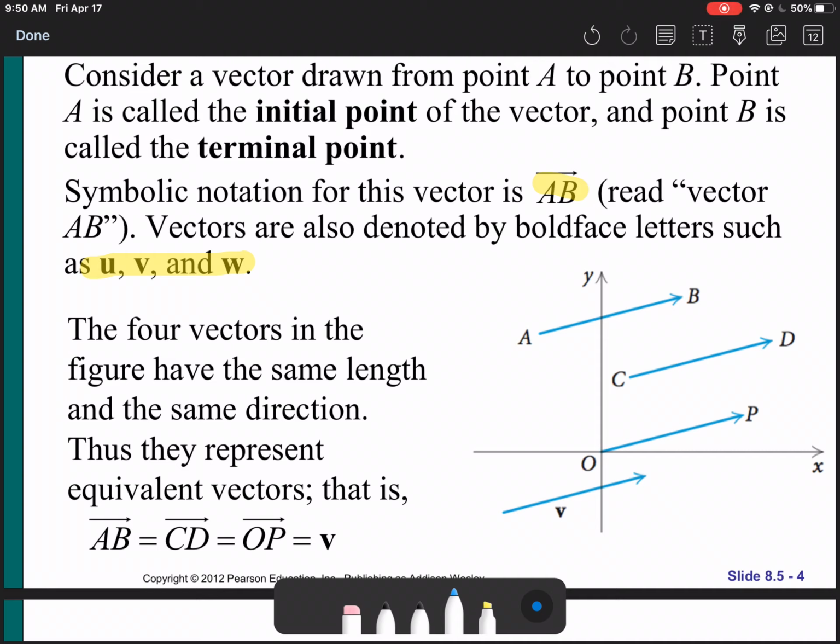And again, for future reference, the one that we're most interested in, or that we would usually make use of, would be this guy, that vector OP, because I can use vector OP to represent any of those vectors that are equivalent to it. And since OP has its initial point at the origin, it just makes it a little bit easier to work with. Right, so we'll talk more about that later, but representations of vectors. But for now, all those vectors are equivalent to each other. They all have the same magnitude, and they all have the same direction.